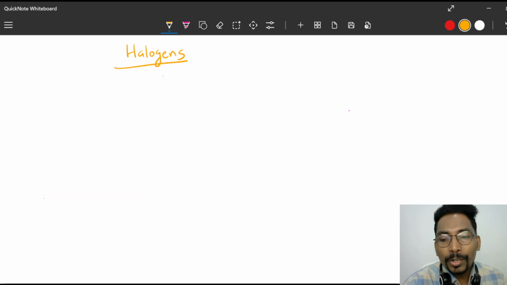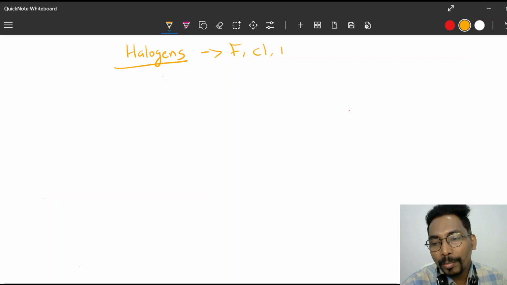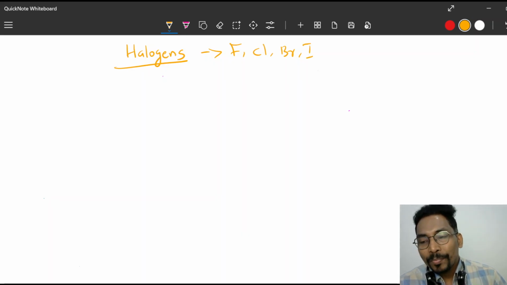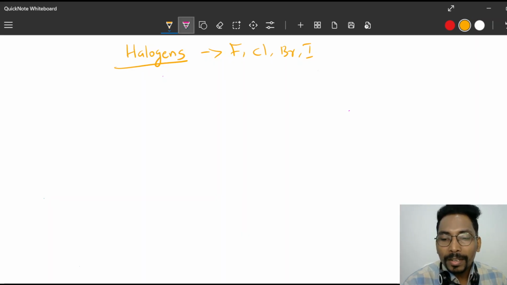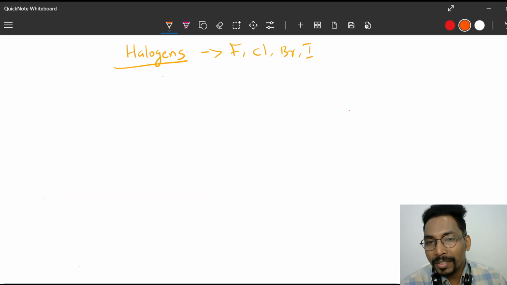Okay. So I told you halogens means fluorine, chlorine, bromine and iodine. So these 4 elements will join a hydrocarbon to alter the functions and properties. So here a prefix is added, not a suffix.